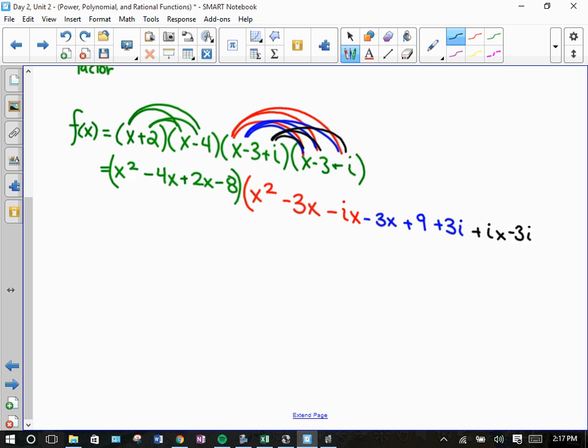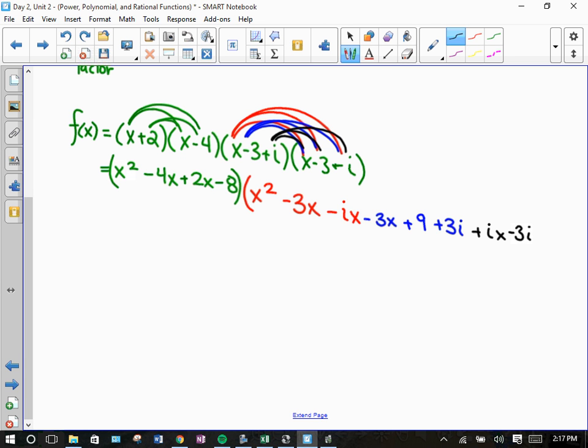And then i times negative i. Anyone know what that is? It's i squared. You know what i squared is? This is what i is: the square root of negative 1. It allows us to take the square root of negative numbers.